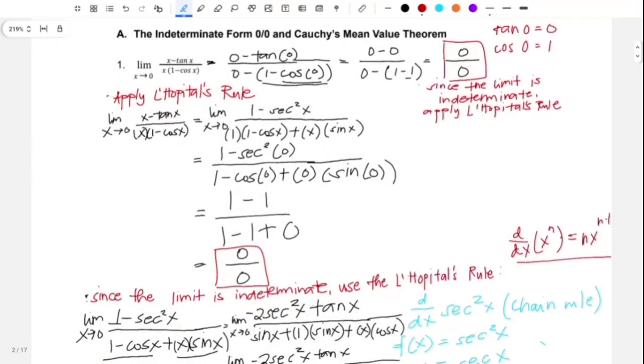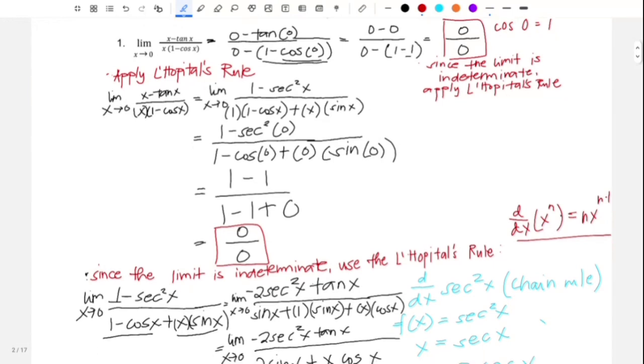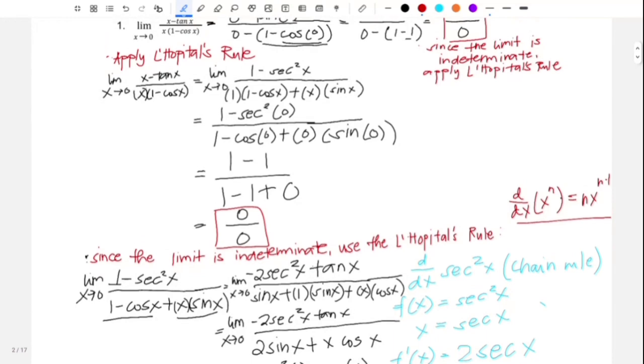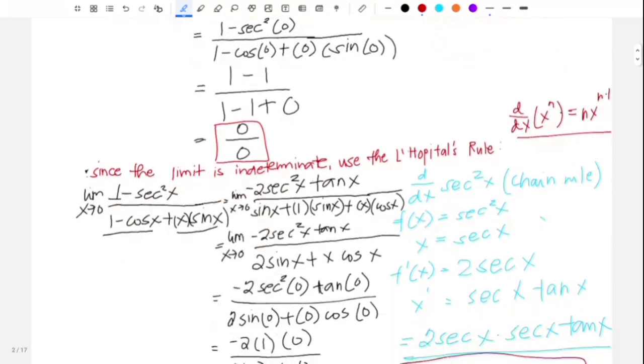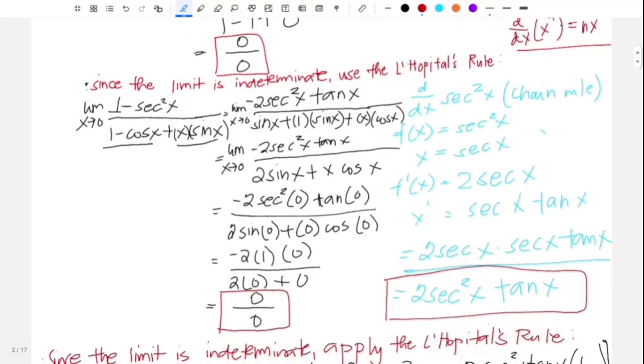First, we apply our limit to know whether the limit exists or not. Upon applying the limit, we got the indeterminate form 0 over 0, and therefore we can apply L'Hopital's rule. Upon applying L'Hopital's rule, we derive our numerator and denominator, and then we apply the limit. After applying the limit, we got an indeterminate form again. Therefore, we use L'Hopital's rule again and derive our numerator and denominator.